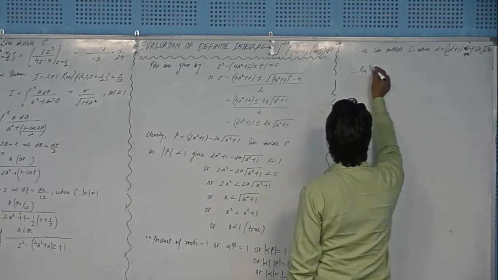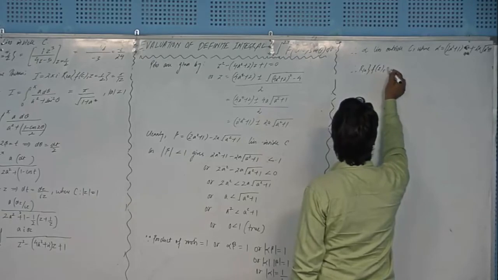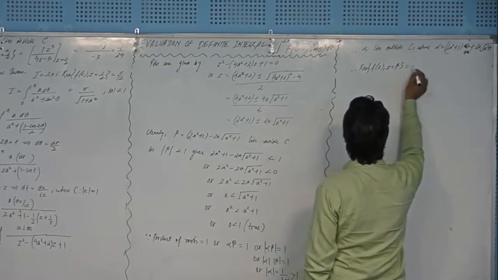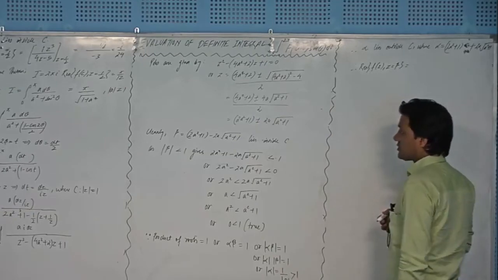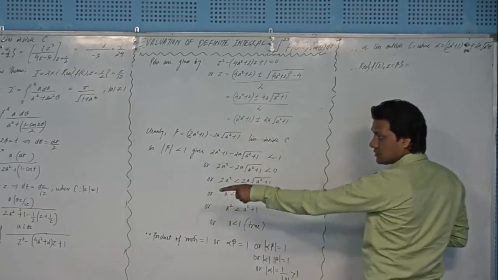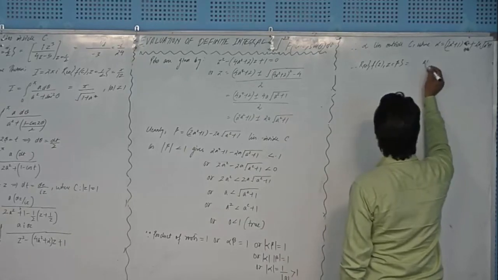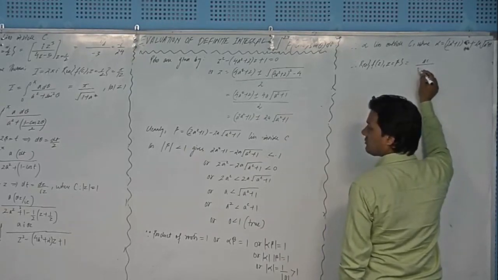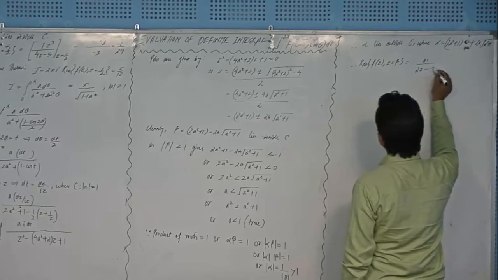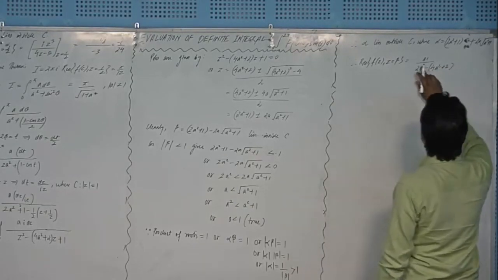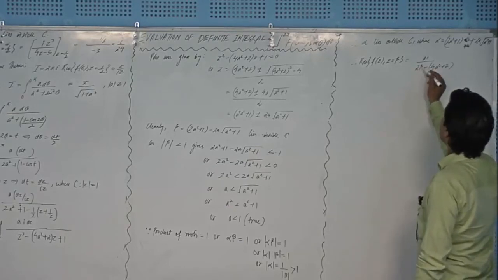Therefore, the residue of f(z) at z equals beta will be equal to, this is my function, a iota over the differentiation of the denominator, that will be 2z − 4a² + 2, and in place of z I will write beta.